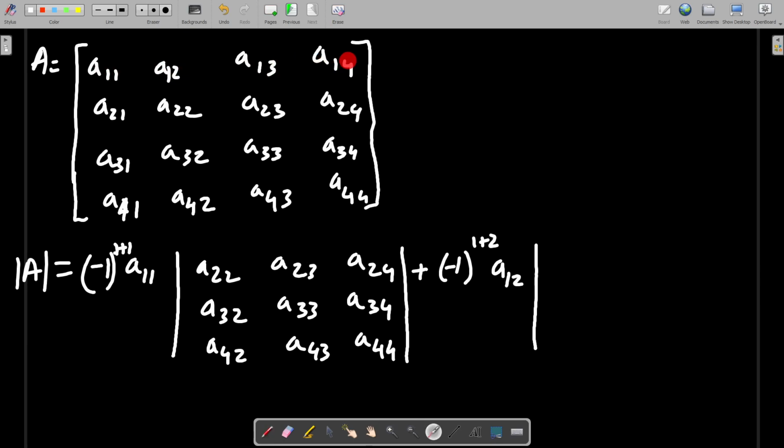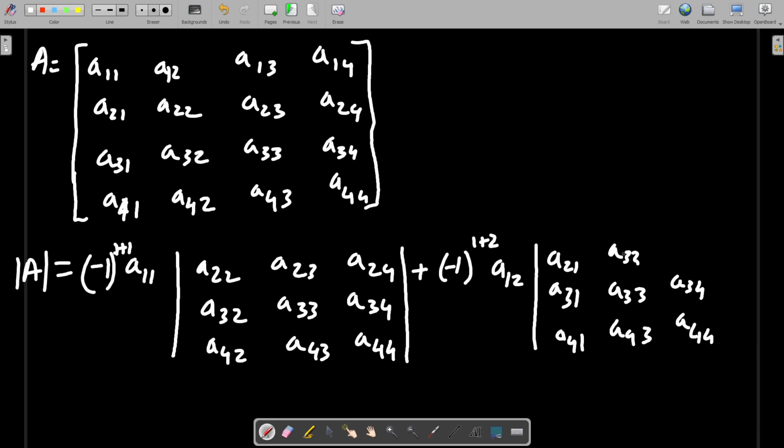So delete this row and delete this column. Now whatever remains, take the determinant of that. So A21, A23, A24, A31, A33, A34, A41, A43, A44.